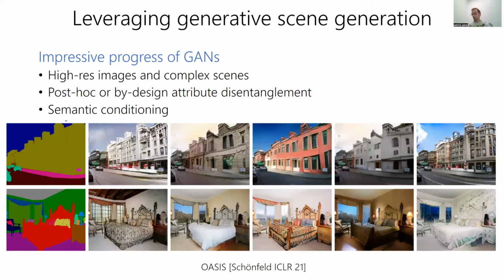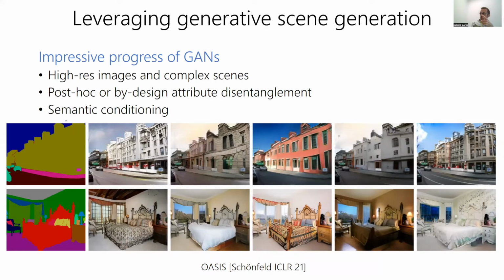And I have an example of that, which is Oasis, for instance, where you can have as an additional input a semantic map, saying for each pixel what is the semantic class, and you can generate a diversity of scenes which all respect this semantic map.